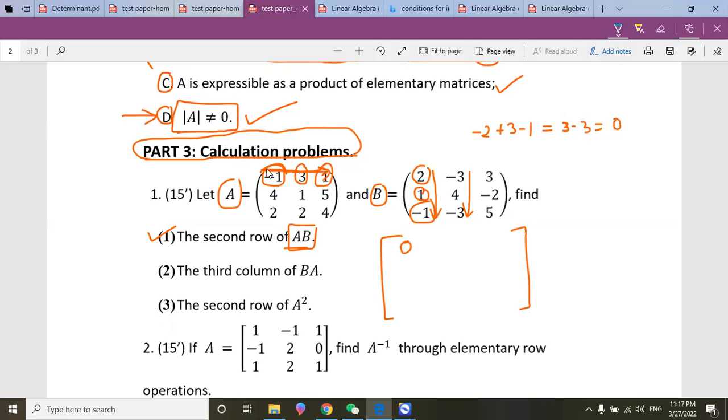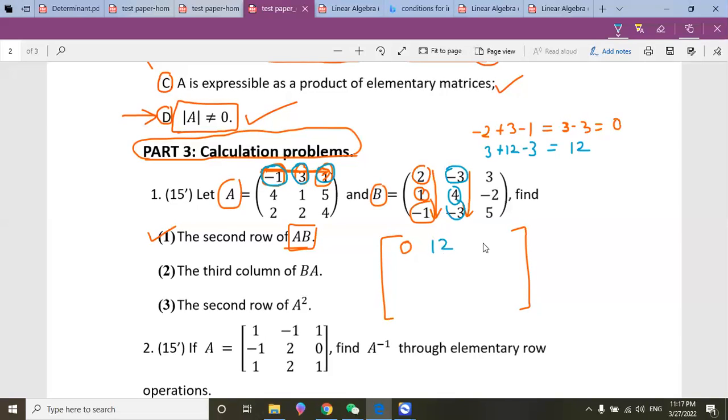Okay, so now -1 multiply -3 will be +3, right? Then 3 multiply 4 will be +12. And then 1 multiply -3 will be -3. So ultimately the answer will be 12, right? So 0 and then 12.